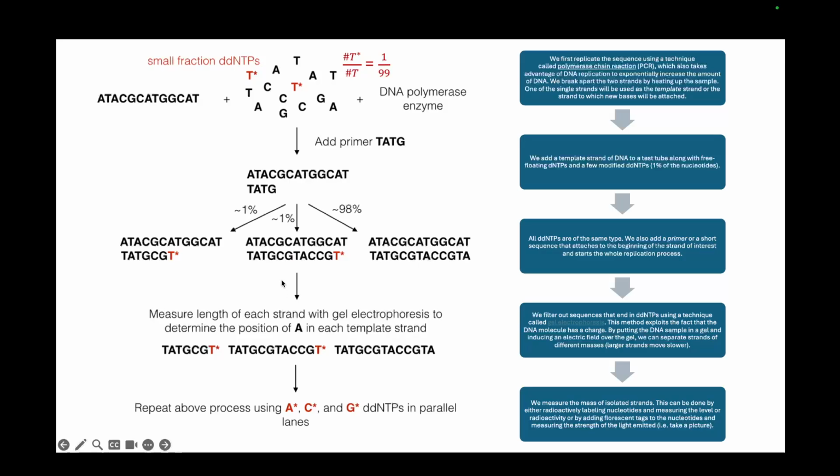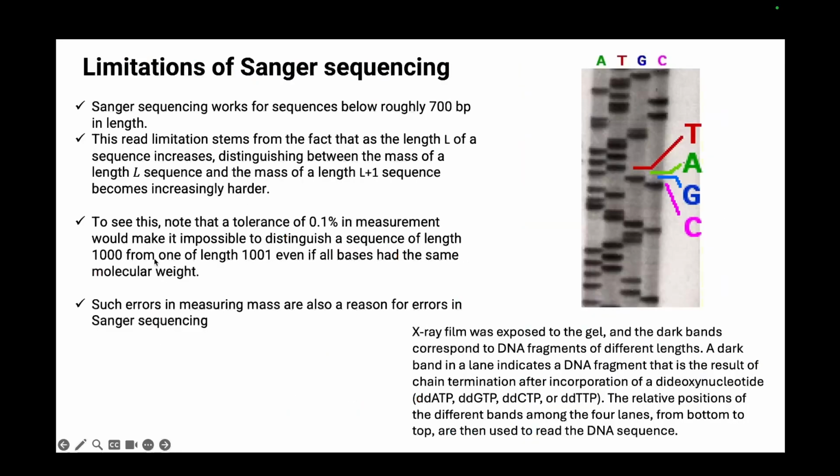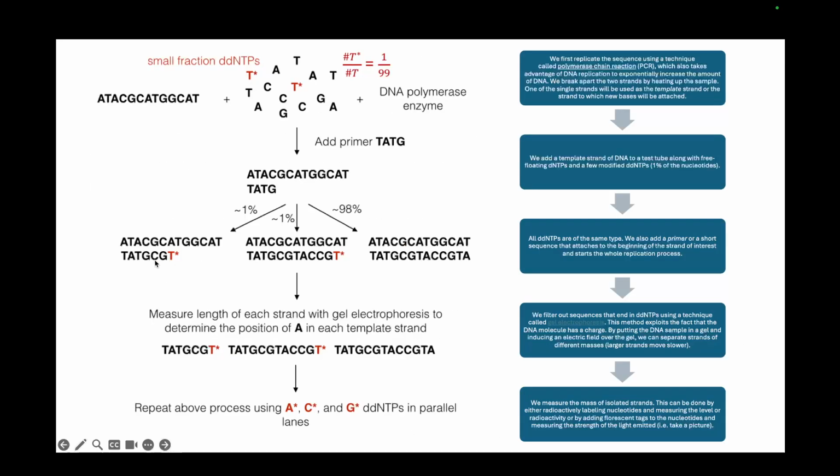But on the other hand, since you have added those ddNTPs in small amounts, you'll find these kinds of strands. For example, it started with TATG, and then it moved along the strand with C, G, and the next one, the complement to A, was T. But instead of adding a T, it added a T star, which is basically a ddNTP.